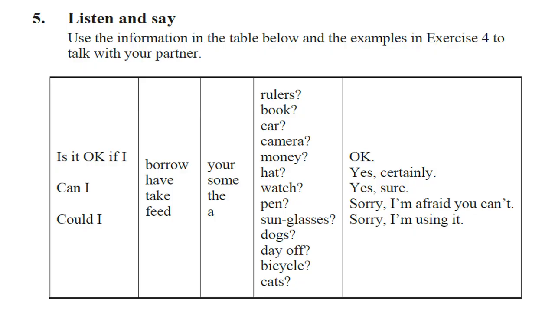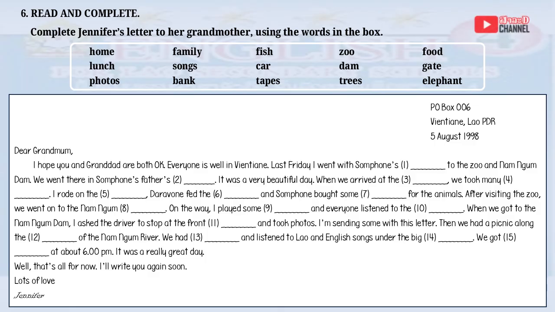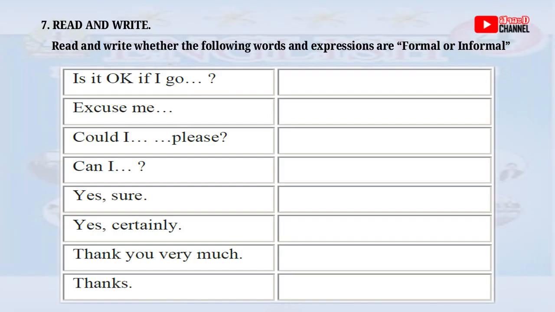Exercise 5. Listen and say. Use the information in the table below and the examples in Exercise 4 to talk with your partner. Exercise 6. Read and complete. Complete Jennifer's letter to her grandmother, using the words in the box. Exercise 7. Read and write.